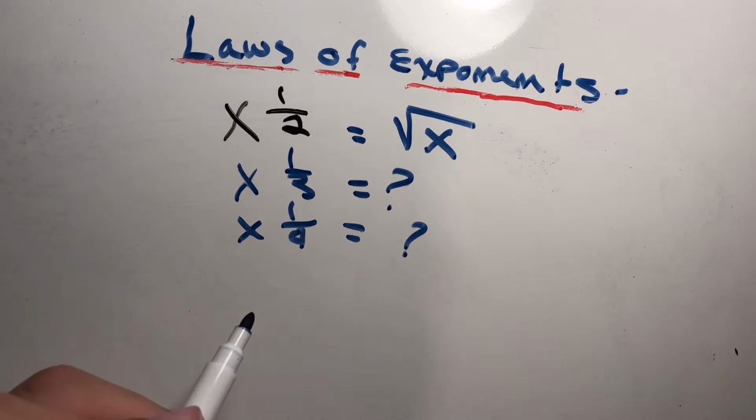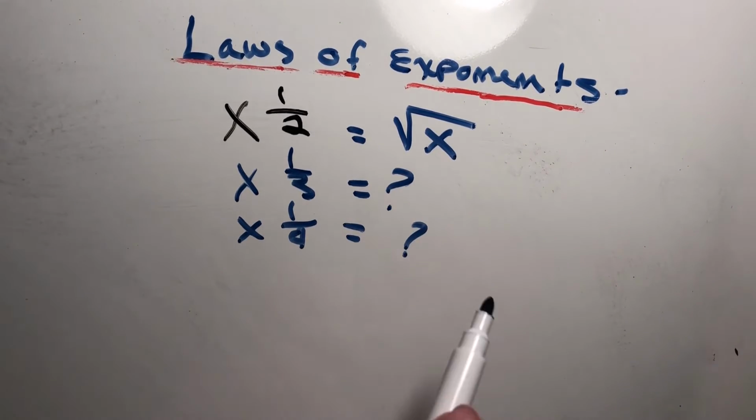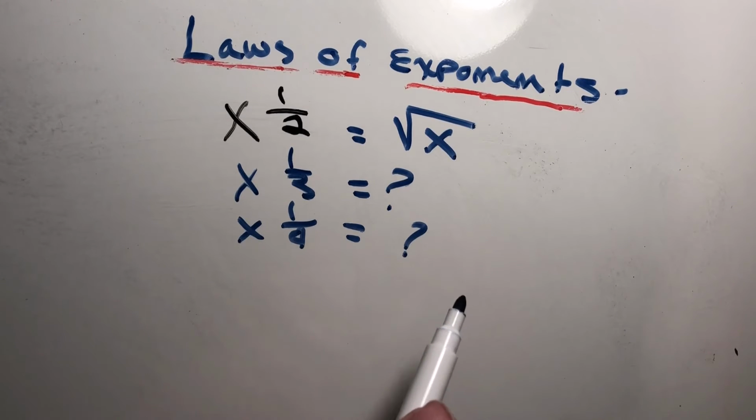These fractional power expressions are all related to the roots of a number, like the square root. We'll talk about the third root, the fourth root, things like this. They're essentially numbers that when multiplied by themselves n times will give a number x. They're roots of a number.